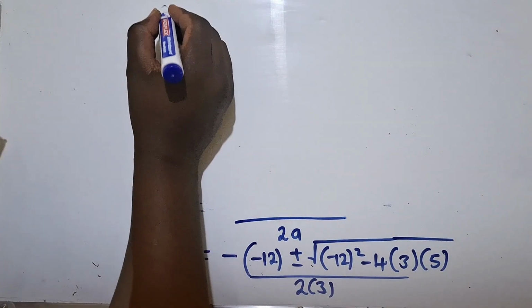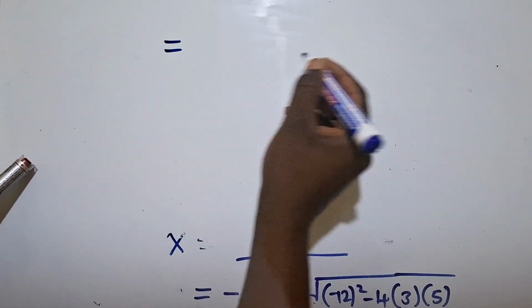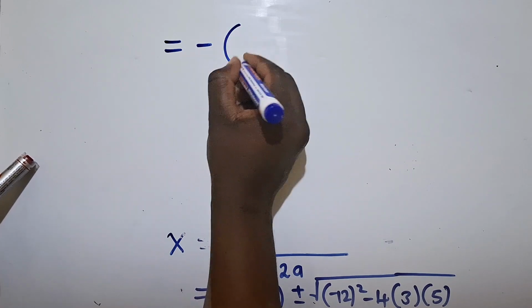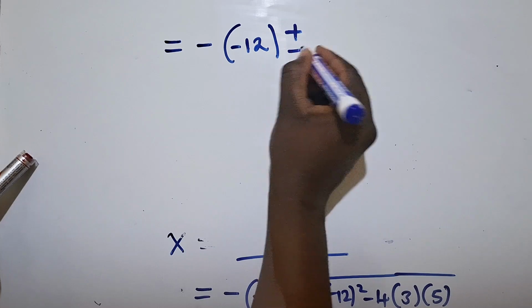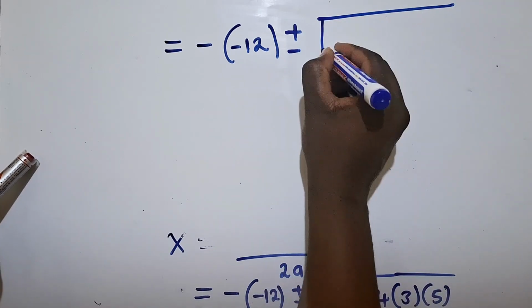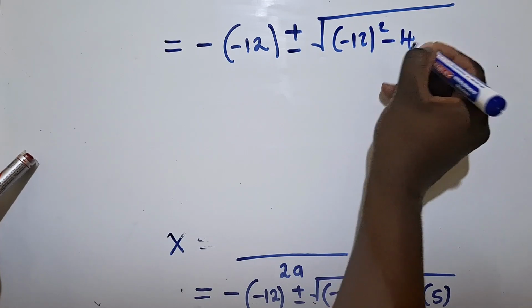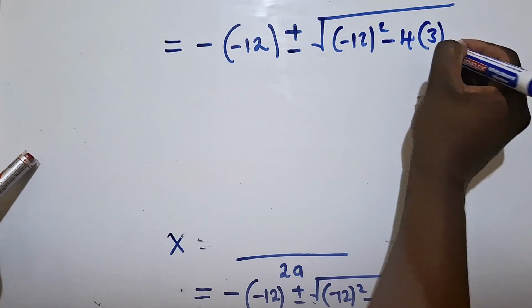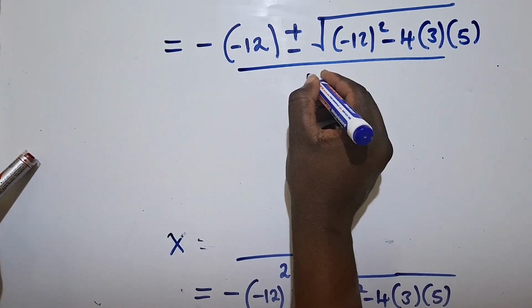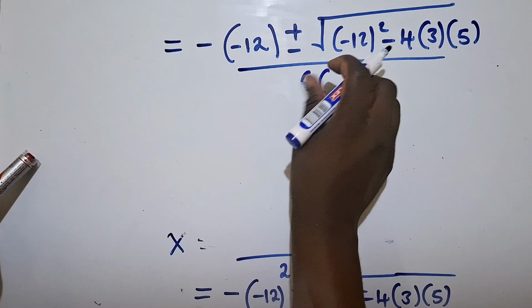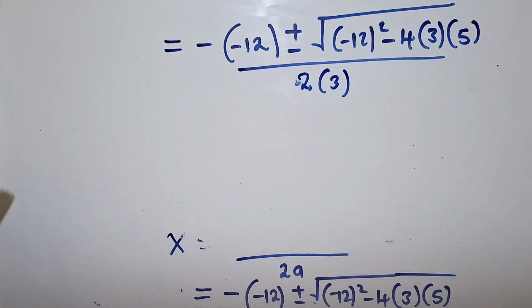We've got negative 12, plus or minus root over negative 12 squared minus 4, A is 3 and 5 here, everything over 2 times 3, like that.